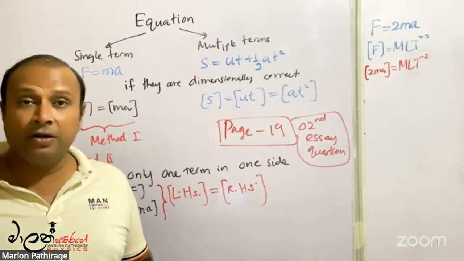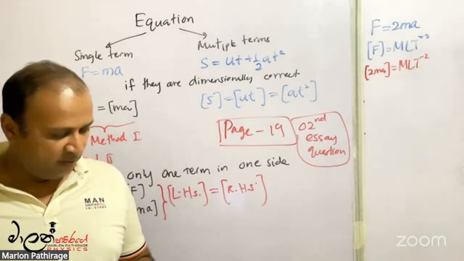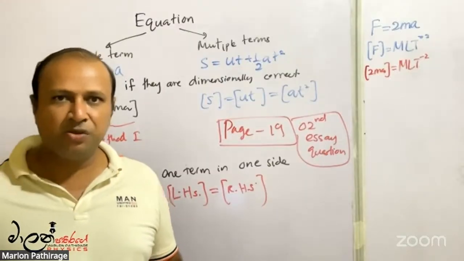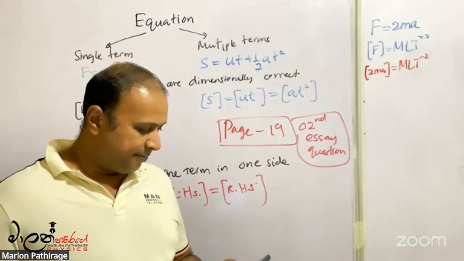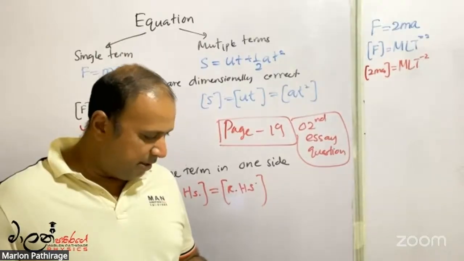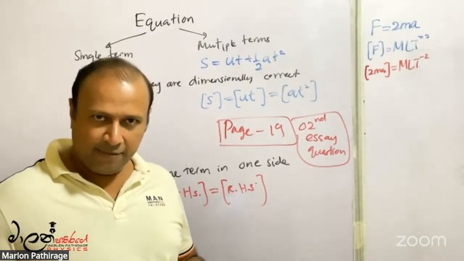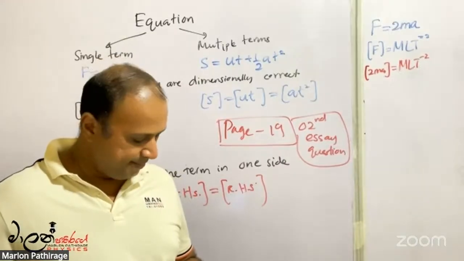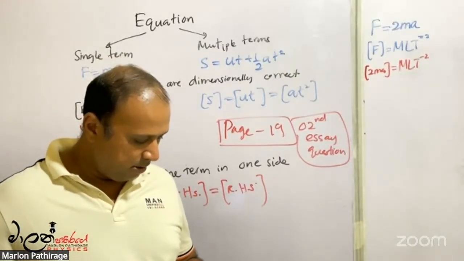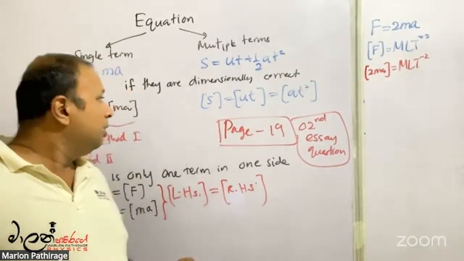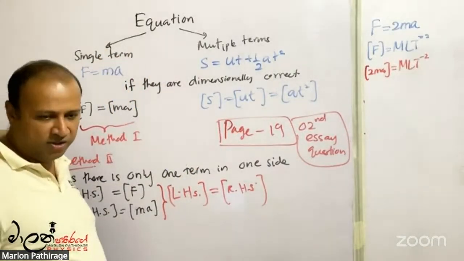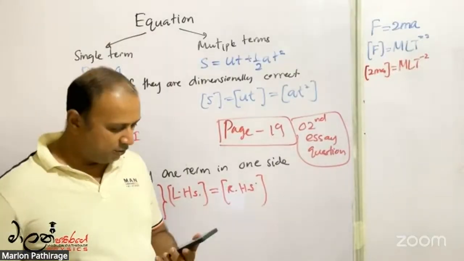The physical quantities represented by each English letter are mentioned above. Now you have to write this one and go through the questions.